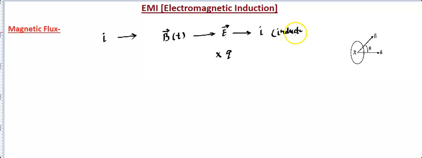So that's called induced or induction, and then this is the induced electric field, this is the induced current. So this is the whole objective for this particular chapter. From current, we need to know what the magnetic field is. If it varies over time, it creates an electric field. There comes the induced current. So we will start to learn this process in this particular lecture.